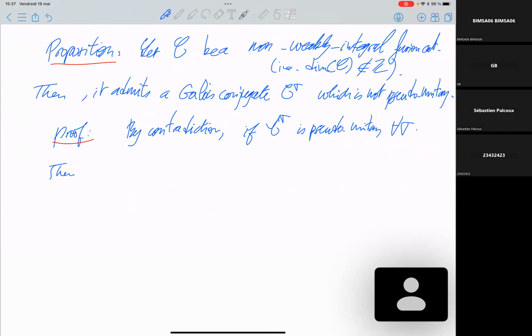Then define the tensor product over all the σ, all the possible σ providing conjugates of dim C. The categorical dimension of C is an algebraic integer, so it has finitely many Galois conjugates, and you only consider the conjugations coming from the conjugates of dim C.